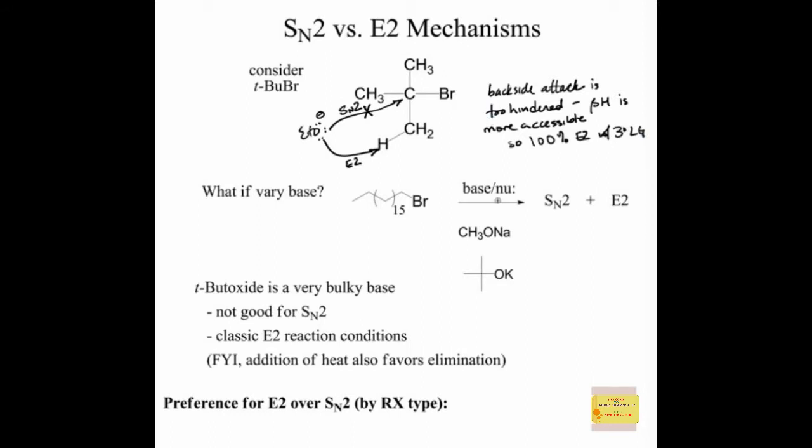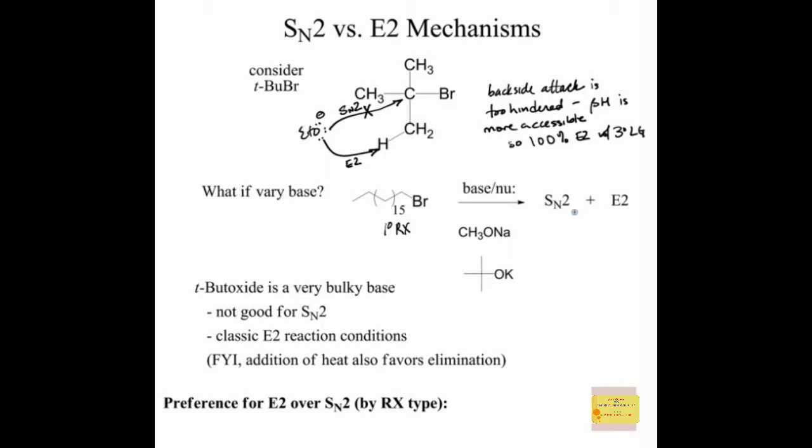Okay, that's kind of the ultimate in the examples of SN2 versus E2. Now another possibility is to vary the base that you're using. What if you had a primary alkyl halide? Here we have 15 methylene units, 15 of these carbons, so it's just a really long carbon chain with a bromine at one end. And what if we reacted this with a species that could be either a base or a nucleophile?